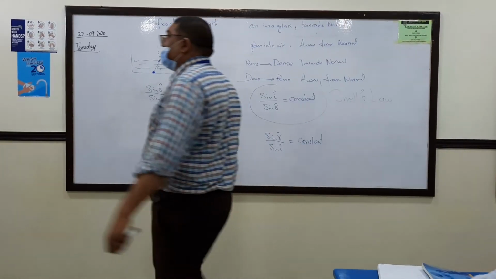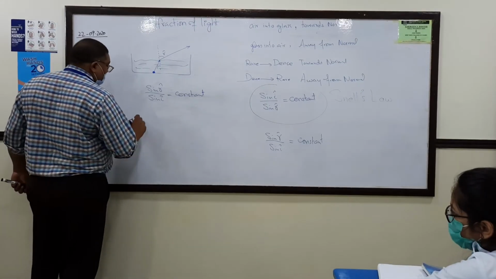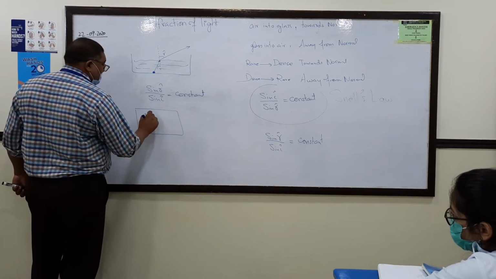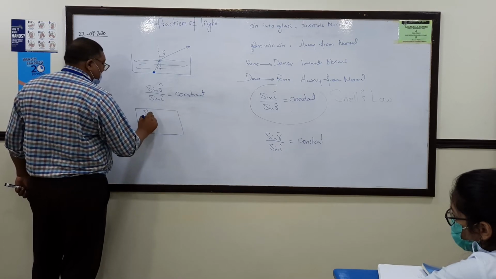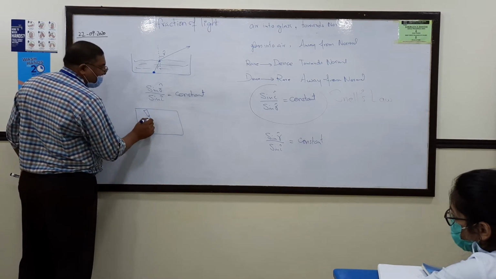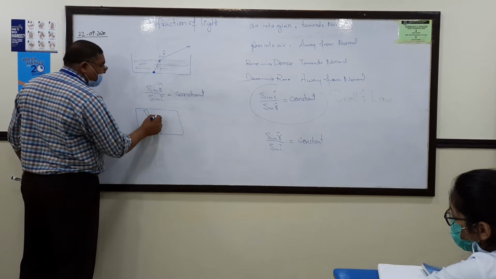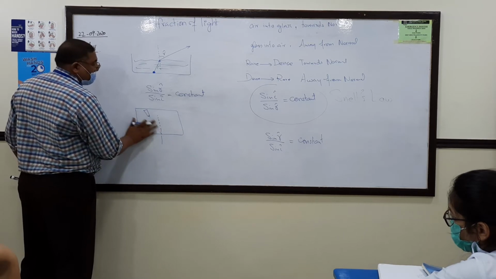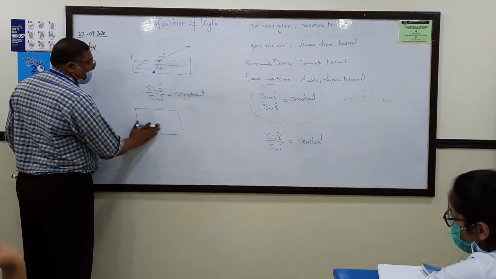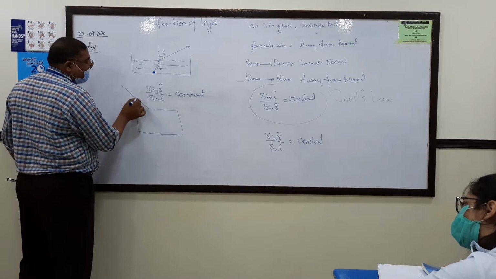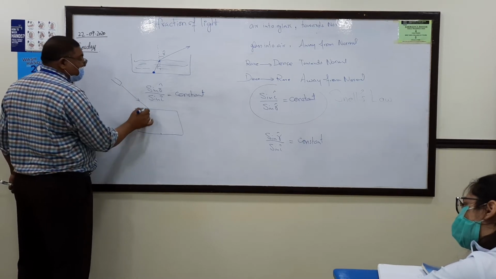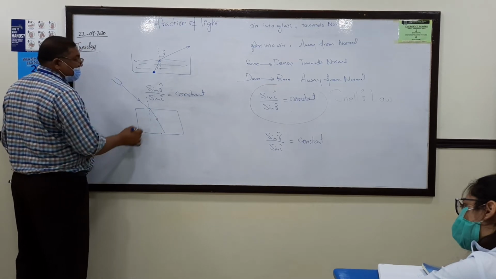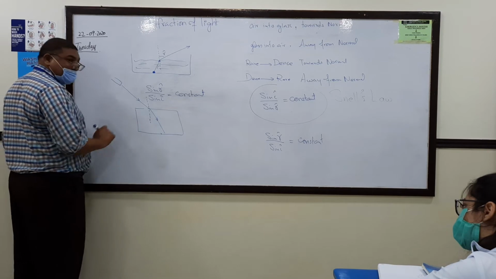Take one more example. You have a glass block, and inside the glass block I have a torch. This is the torch, the light. This is the normal.